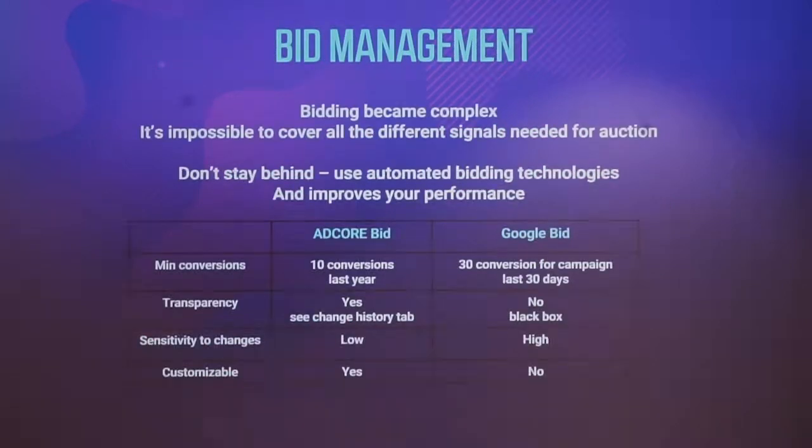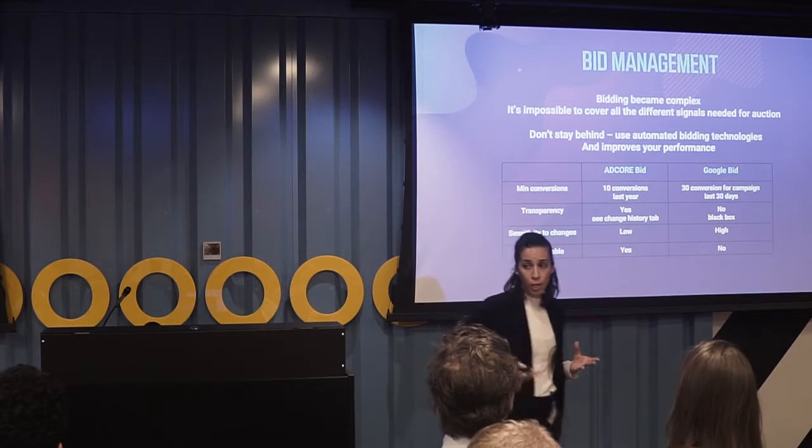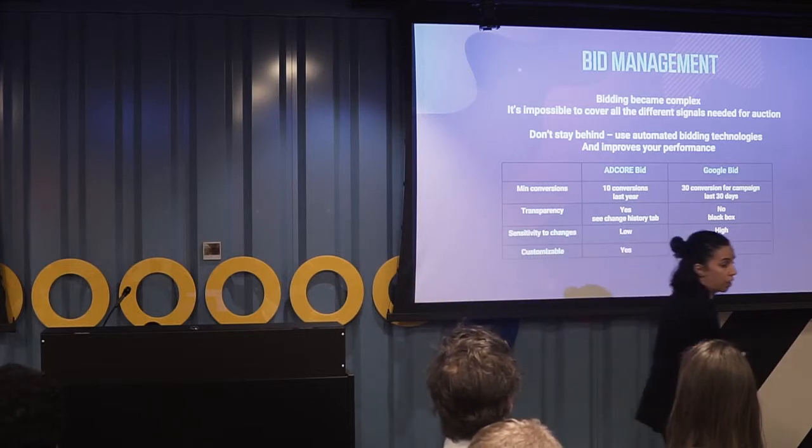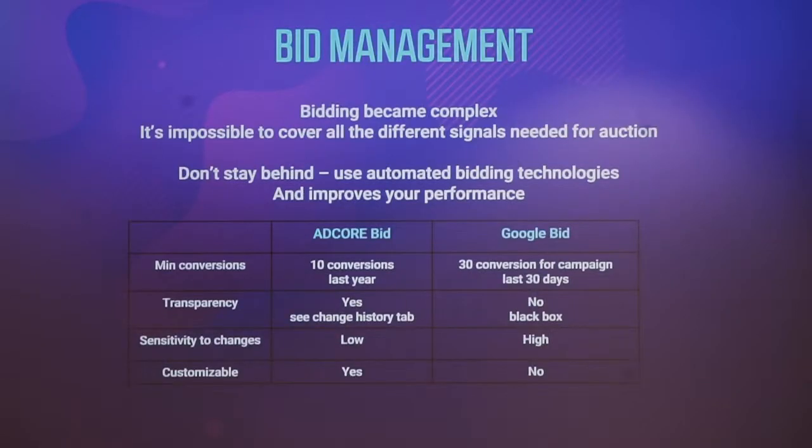So let's start with bid management. As you heard Eli speak about the technology and the AI moving forward, it's almost impossible to do bid management manually today. Although I'm sure most of you are still doing it, right? So you're feeling that it became more and more complex throughout the last year. And it's because Google is taking into consideration many more signals in every bid auction.